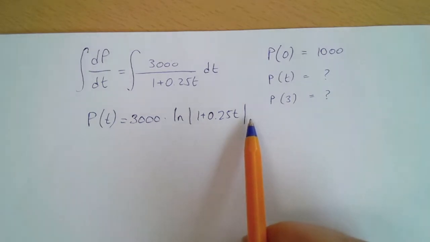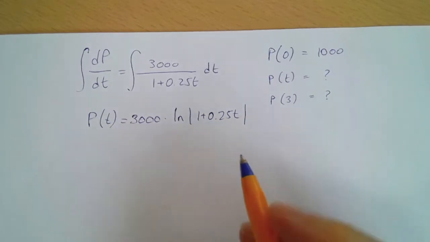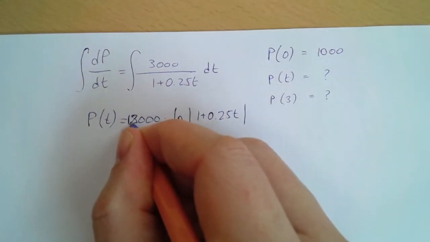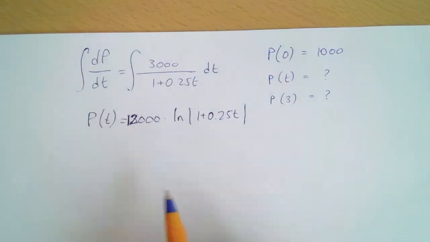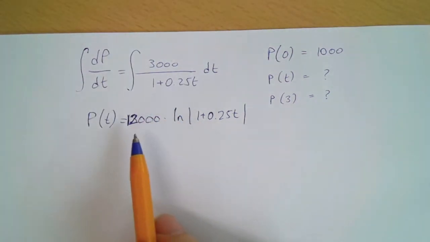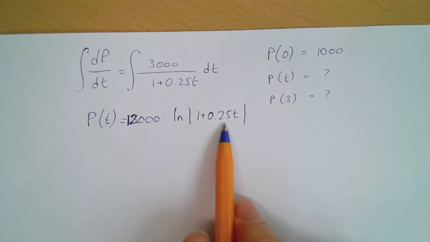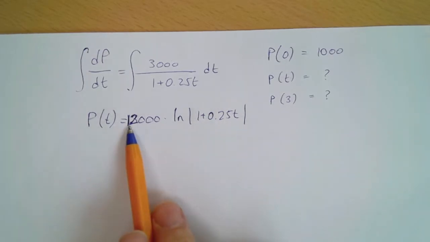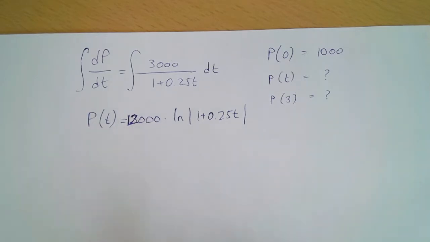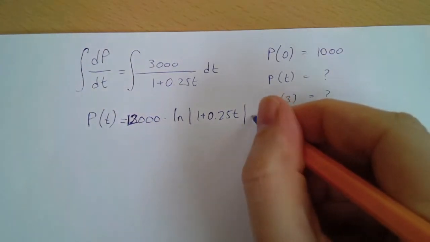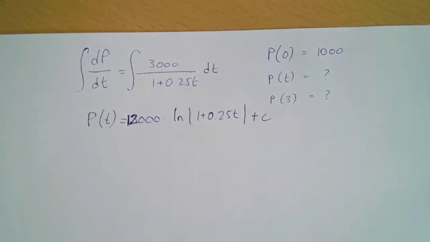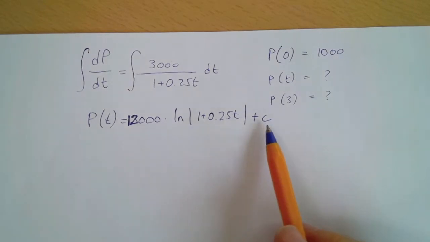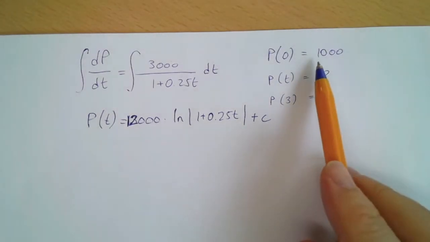So in order to compensate for that 0.25 that would multiply my whole thing, I need to actually write 12,000. Now when I take the derivative, it's going to be 12,000 times 1 over 1 plus 0.25t times 0.25, so 12,000 times 0.25 will give me the number that I actually want. And finally, plus c.